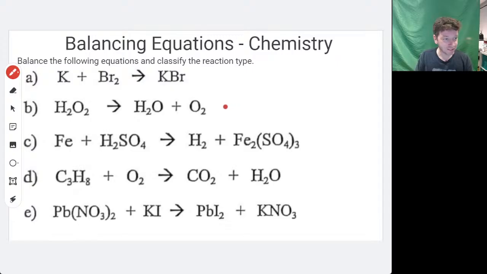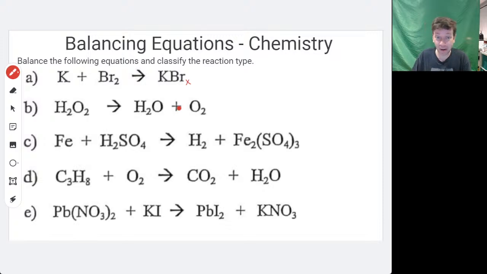So let's balance part A. So let's just count. Here we have 1 potassium and 1 potassium, so that's fine. Here we have 1 bromine and 2 bromine, so that's not fine. So we need 2 over here, but do not put a 2 there, because then you're changing what the reactant actually is. We don't want to change what the reactant is.